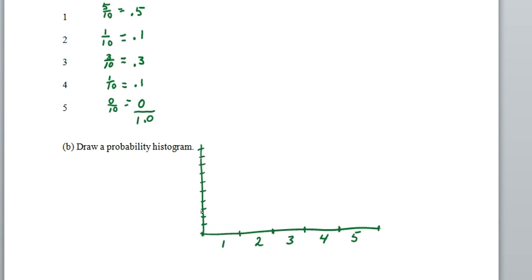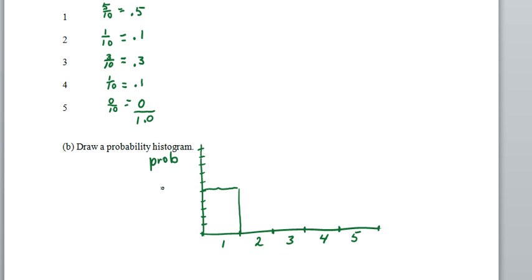And 5/10, 1, 2, 3, 4, 5 is right here. So we draw a horizontal line from 5 and down. That's counting 5/10.